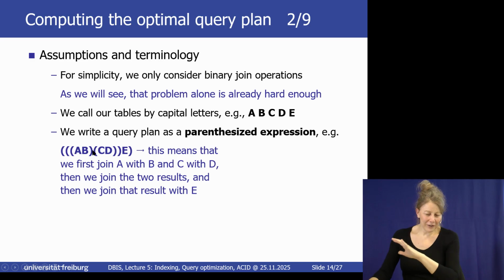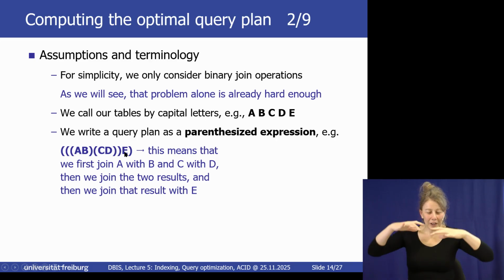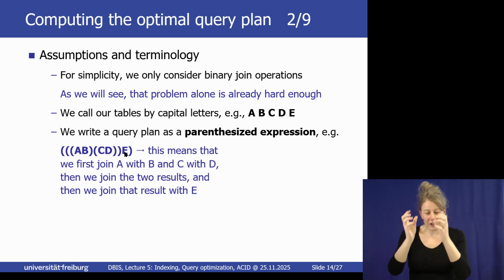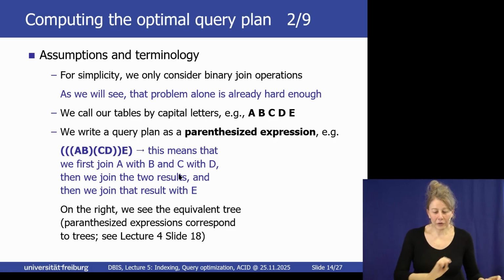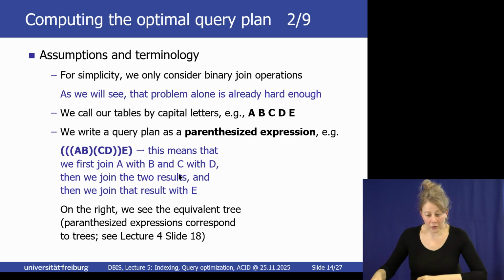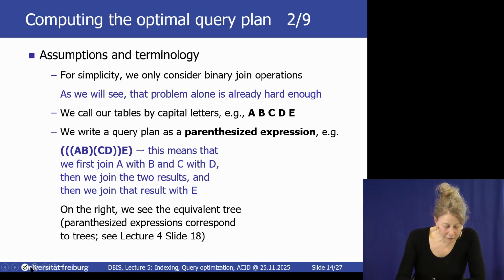I think even when you see it for the first time, it's clear what is meant, right? First join A and B gives you a table. Join C and D gives you a table. Join these 2 together gives you a table. Join this with E. So I just write the 2 things which I join next to each other and put parentheses on the side. And this gives you a tree, but we will never look at trees now.